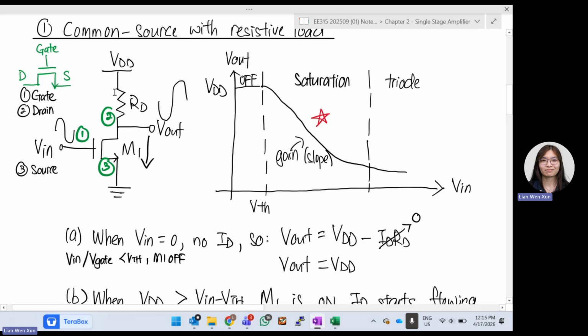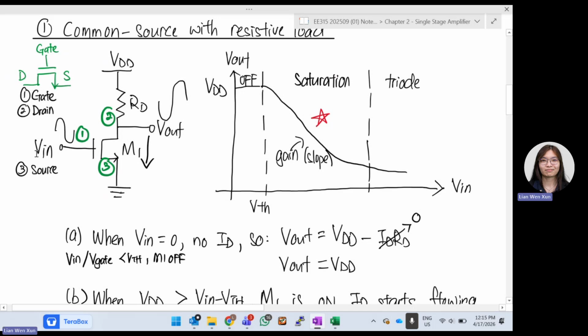VDD minus IDRD equals your Vout. But what exactly is your ID? There is no voltage from your gate, so there's no current. So ID is 0. So your Vout is basically VDD. It's straight away your VDD.